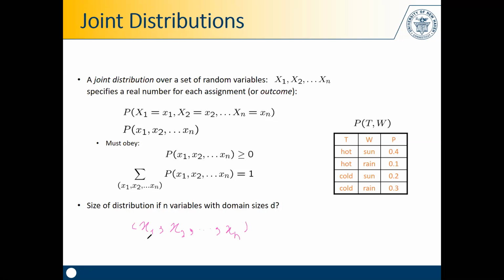So how many different choices do we have for x1? How many different things can x1 be? D, right? That's what the domain means.